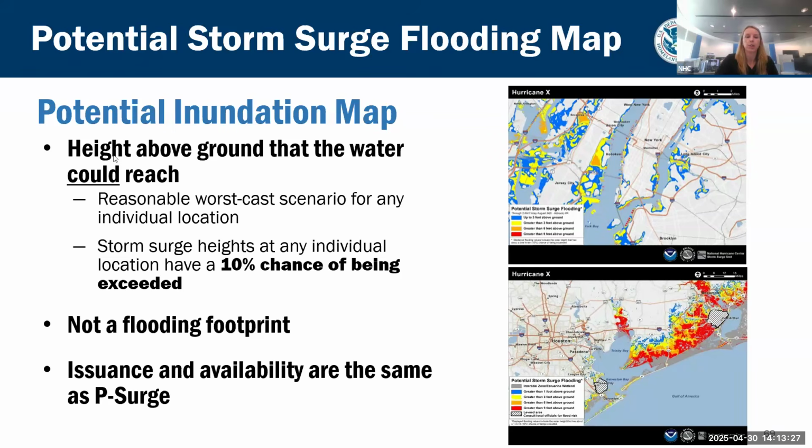This is going to be issued and available at the exact same time as we run the P-Surge model, because remember, this is coming straight out of the objective guidance of P-Surge. So this is model output. It specifically does not include any forecaster guidance from us. It is purely objective guidance.